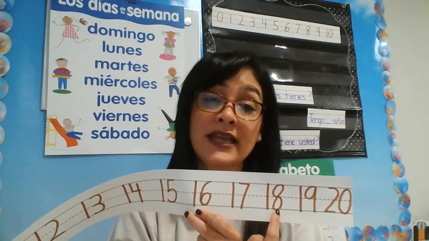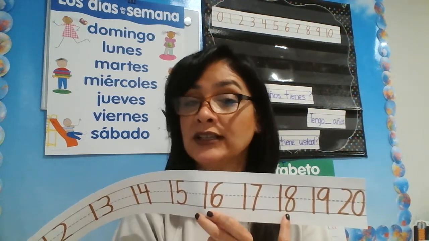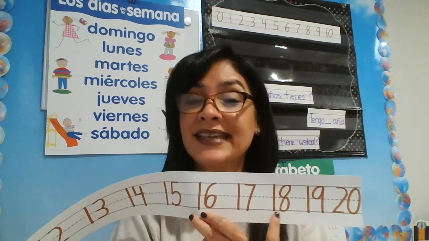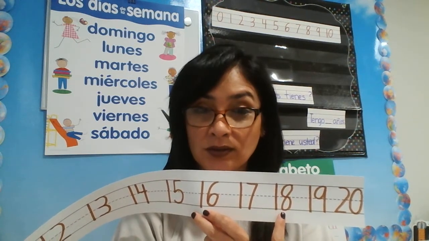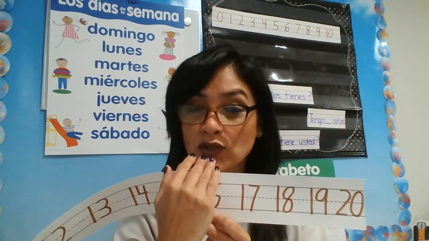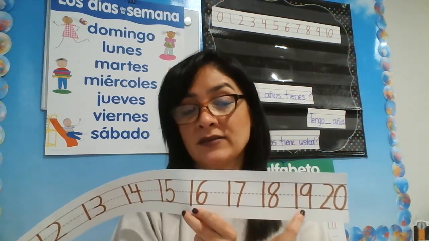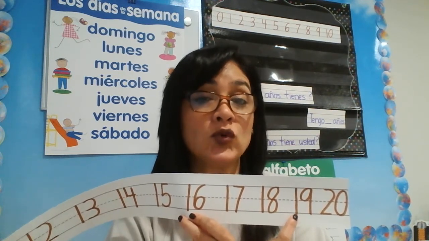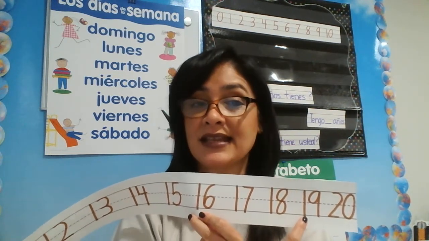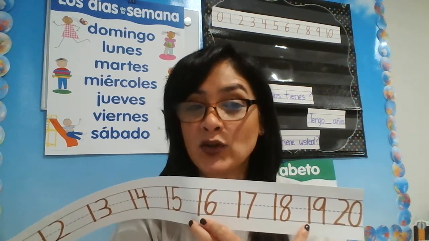If you know how to say 10, and 8, let's hear it in the word. 18. What about 19? If you know how to say 9, and 10, let's hear it in the word. 19.